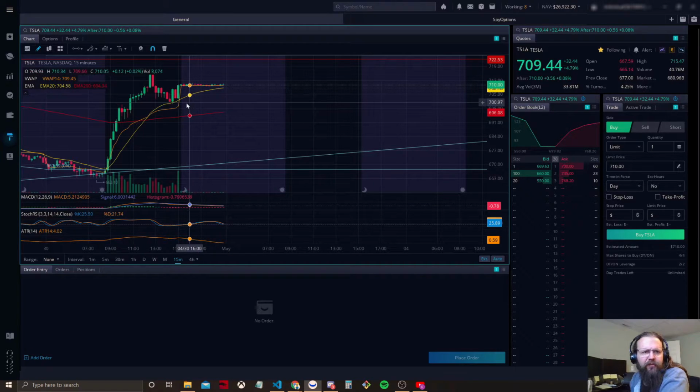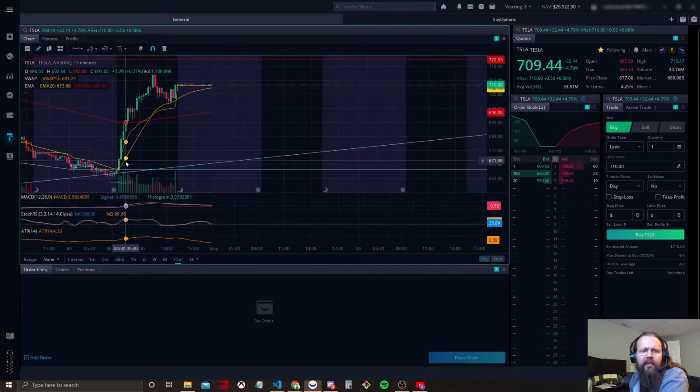You can see the 700 mark here. It's good support on this 15-minute time frame. I also have written down 695 because look, we have that 200 EMA. If it comes down to that, it just recently broke through it. It could start acting as dynamic support. So to me, 695 is a good level.